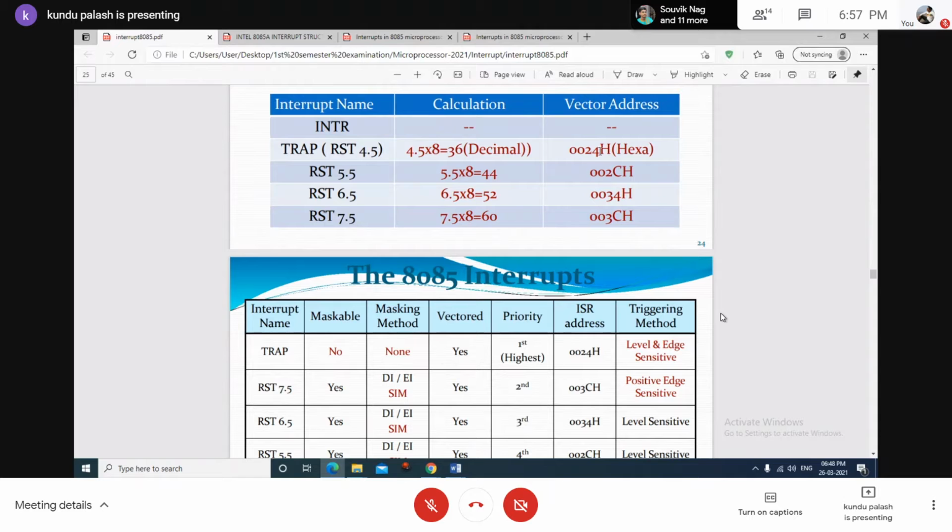It should be kept in mind that the length of the interrupt service routine should be such that it does not overlap with the service routine of another vector interrupt. Otherwise, it will create erroneous operation.